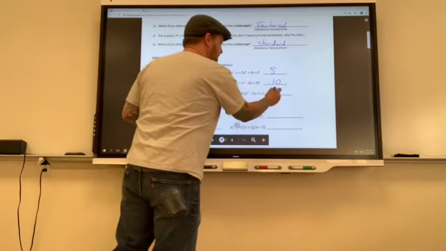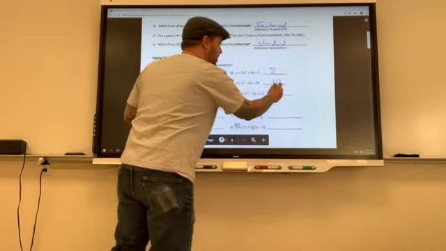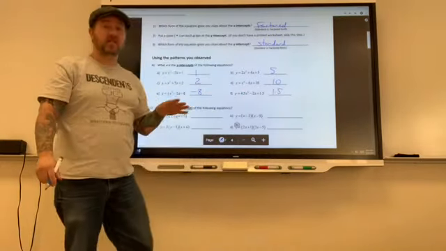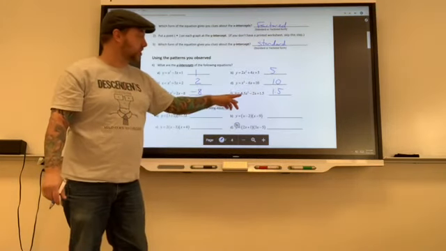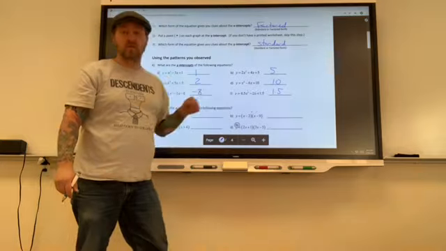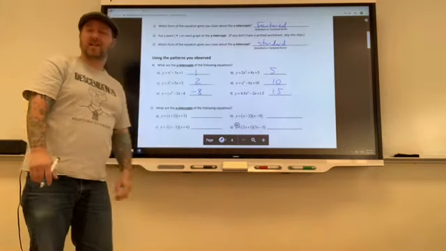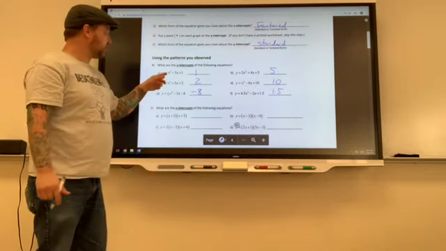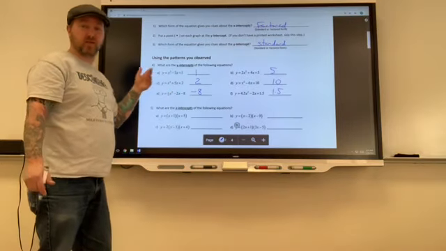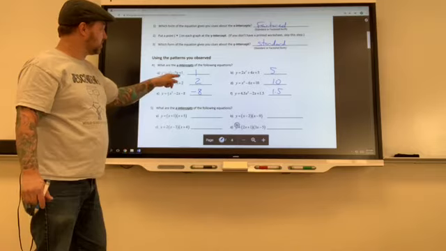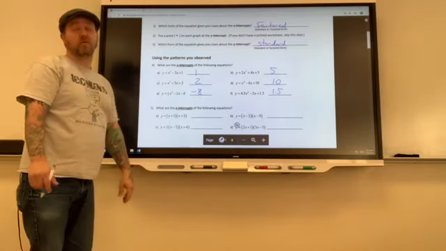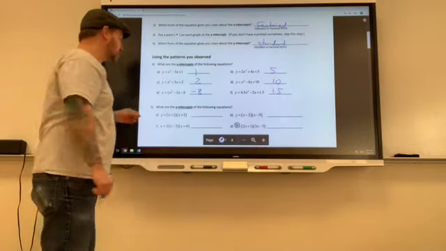Yes? Good. Because think about it. Standard form, if x is 0, y is 1.5. That makes sense, right? If x is 0, we find y, the y-intercept, right? So if x is 0, y is 1. Of course, it all makes sense now.